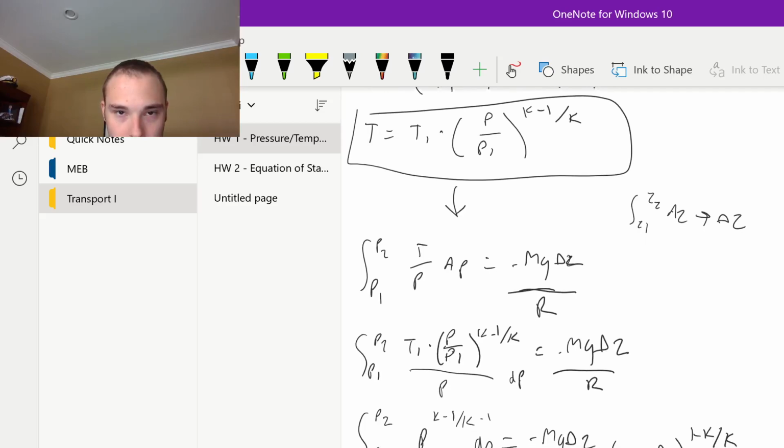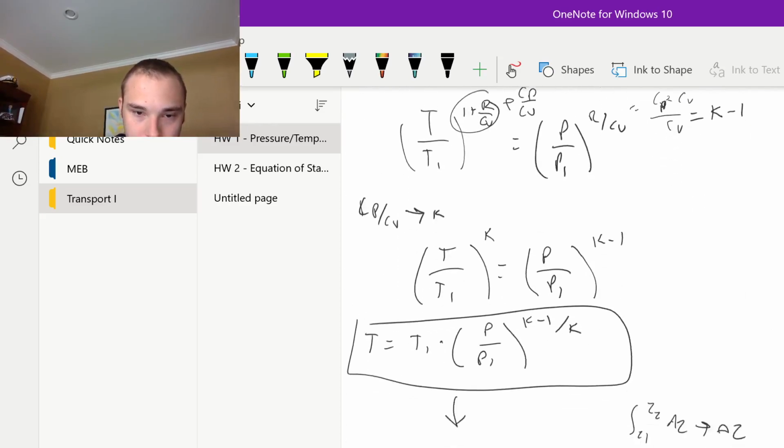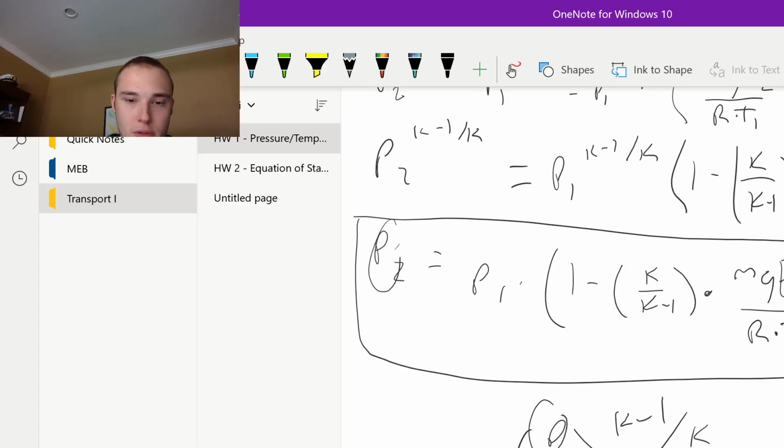So we have T equals T1 times P over P1 to the K minus 1 over K. Sorry, my handwriting is pretty bad. Now we're going to plug this pressure into this pressure right there, do some cancellations, and hopefully solve for the final temperature as well.